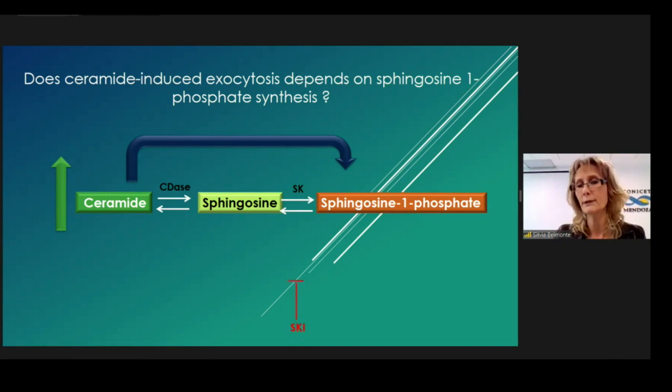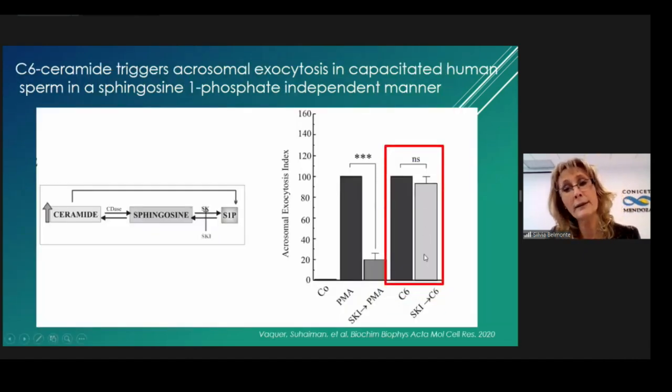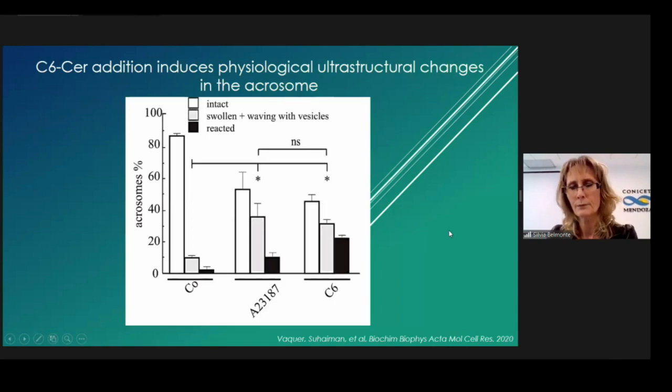Para comprobar esta hipótesis, inhibimos la enzima esfingosina quinasa, capaz de sintetizar la esfingosina 1-fosfato, y vimos qué pasaba cuando desafiábamos las células con ceramida. ¿Qué encontramos? Que a pesar de tener el inhibidor de esfingosina quinasa, la ceramida seguía induciendo la exocitosis acrosomal, y esto indicaba que la ceramida actuaba de manera independiente de la esfingosina 1-fosfato.